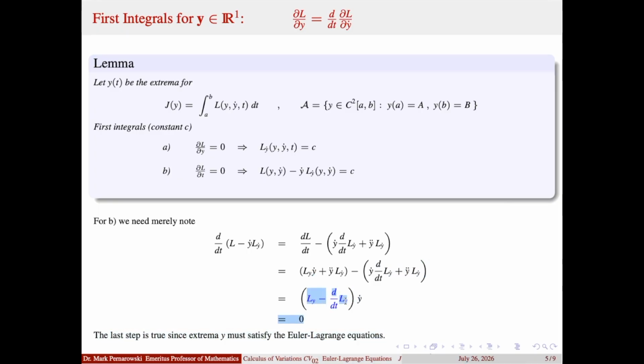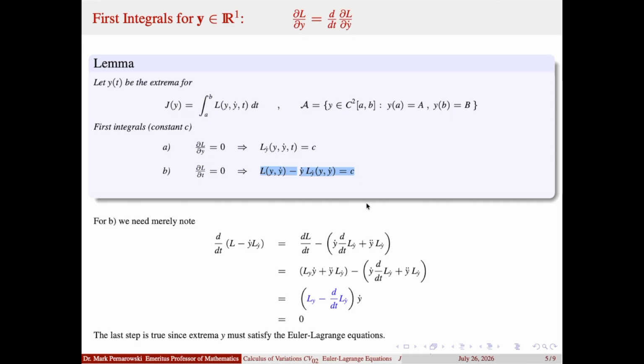By necessity, it must vanish at an extrema. So since it vanishes, I've got 0 times y dot, that's equal to 0. So what does this say? It says the time derivative of this quantity is 0. Therefore, this quantity is constant, making it a first integral.